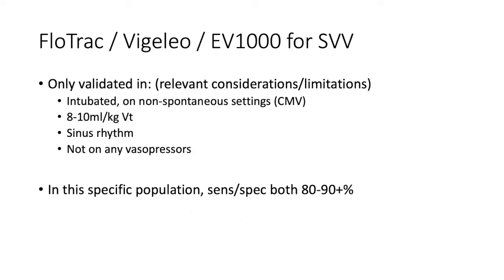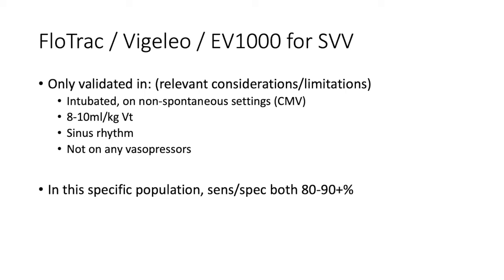Again, really only validated in patients who are on non-spontaneous continuous mandatory ventilation with relatively large tidal volumes in sinus rhythm. That's actually very important, and actually not on vasopressors. So it's really more so validated in probably the patients that we're operating on while anesthesia is managing them on the other side of the drape. These are kind of settings in which someone might be when they're paralyzed in the operating room and are using higher tidal volumes.